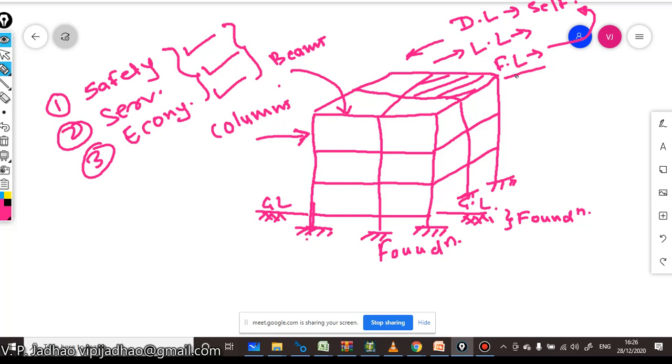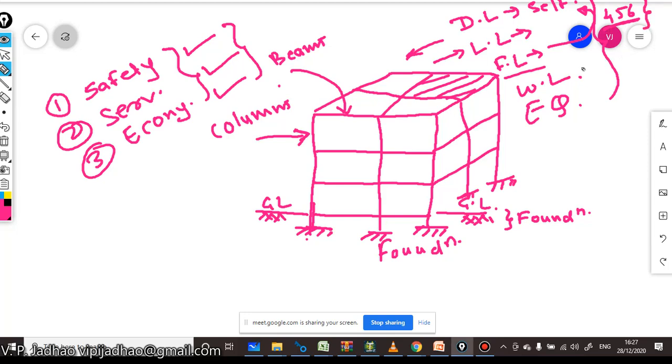Then we have different types of lateral loads, such as wind load and earthquake loads. Different types of IS codes are available for designing. For Indian standard conditions we have IS 456, which is used for design of RCC structures.